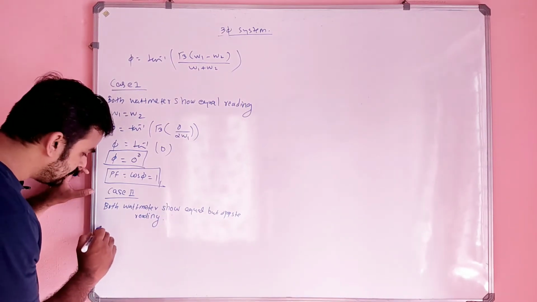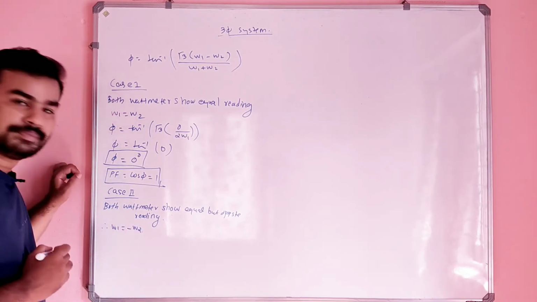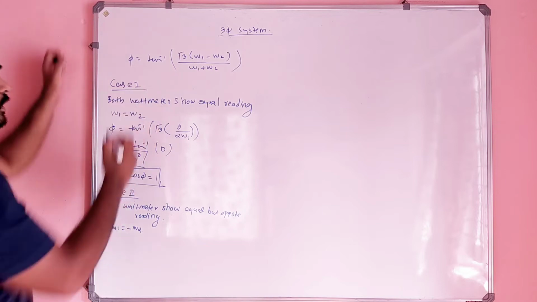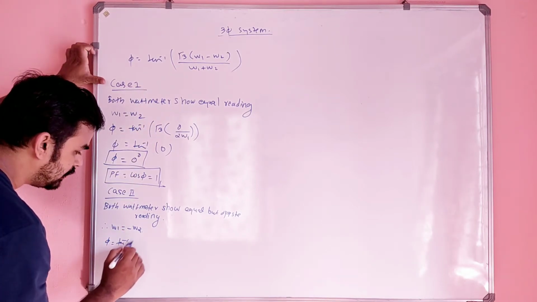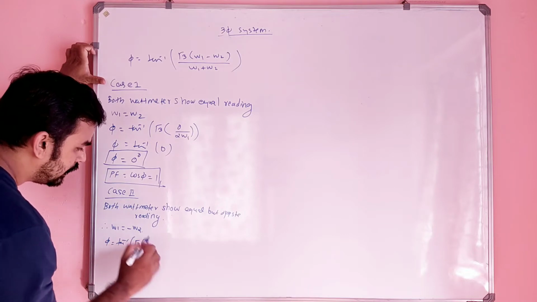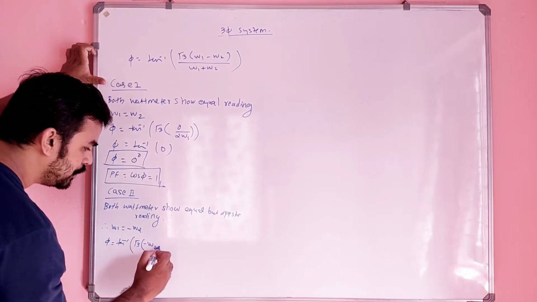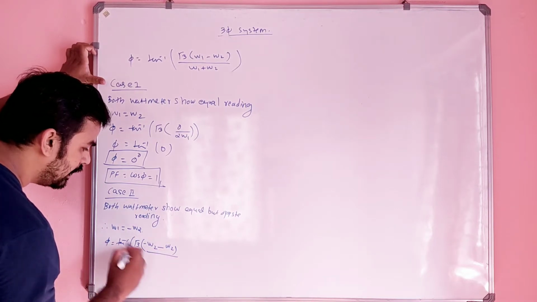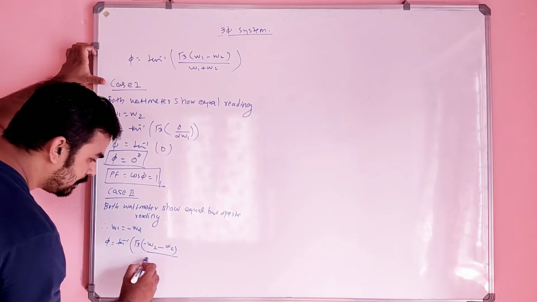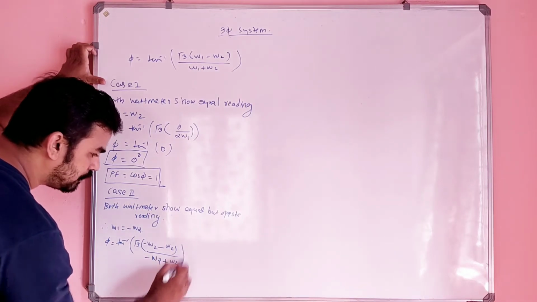That means W1 equals minus W2. Then what will be the equation for phi? Phi will be tan inverse of root 3 into (W1 minus W2), so with W1 equal to minus W2, that is minus 2W2, whole divided by W1 plus W2, which is minus W2 plus W2.